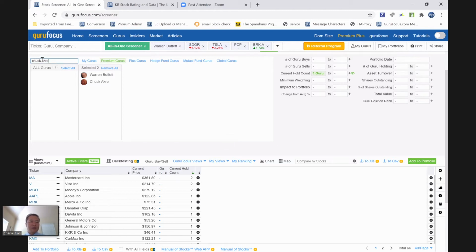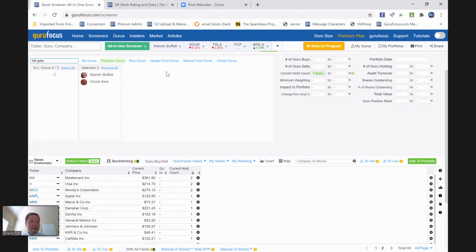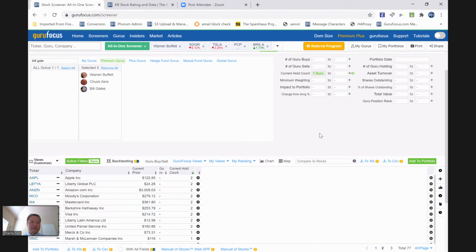And if we add another guru of a similar style, maybe we talk about Bill Gates. Bill Gates, of course, doesn't manage his own portfolio, but he has someone else managing it, in the style that he agrees with. The largest position is Apple. So among the three gurus, Warren Buffett, Chuck Akre, and Bill Gates, Apple is their largest common position.